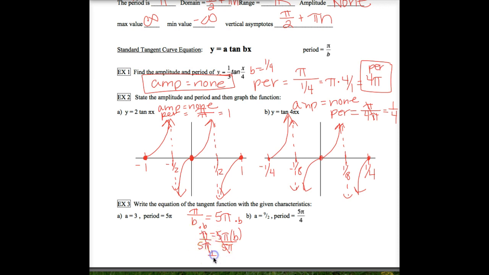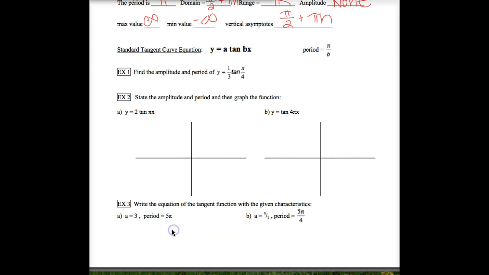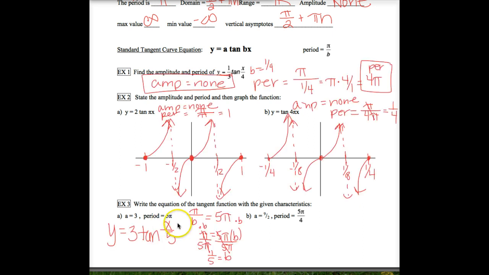And so you have 1/5 as your B. So that means if A is 3, I've got y equals 3 tangent. And since B is 1/5, it'll be 1/5 x, which is x over 5. There's my equation.